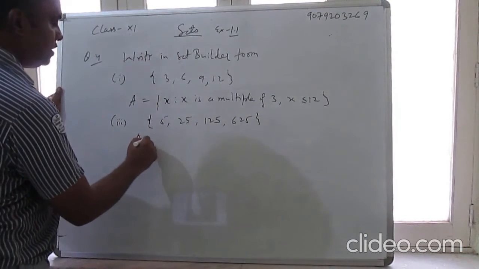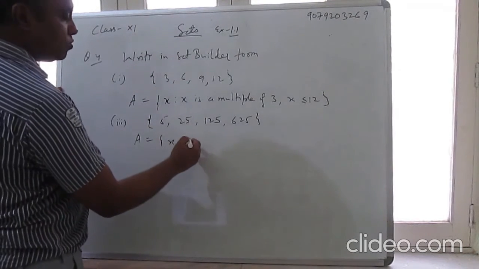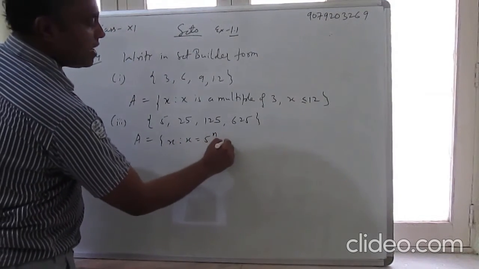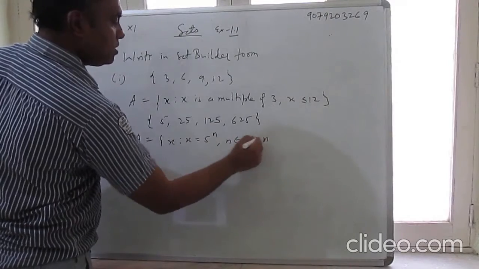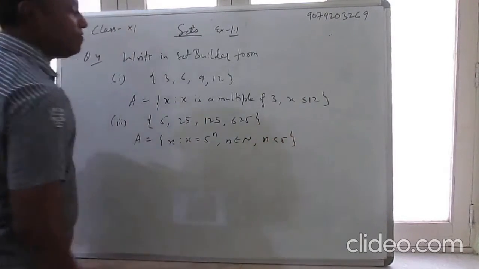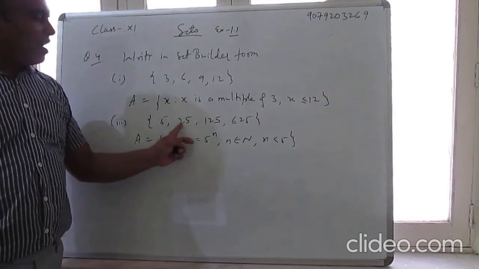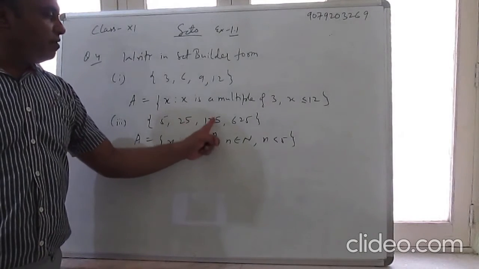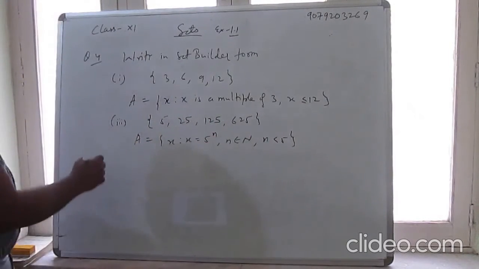So how will you write in set builder form? x such that x is equal to 5 to the power n, where n is a natural number and n is less than 5. If you put n as 1, 2, 3, 4, you get 5, 25, 125, 625.